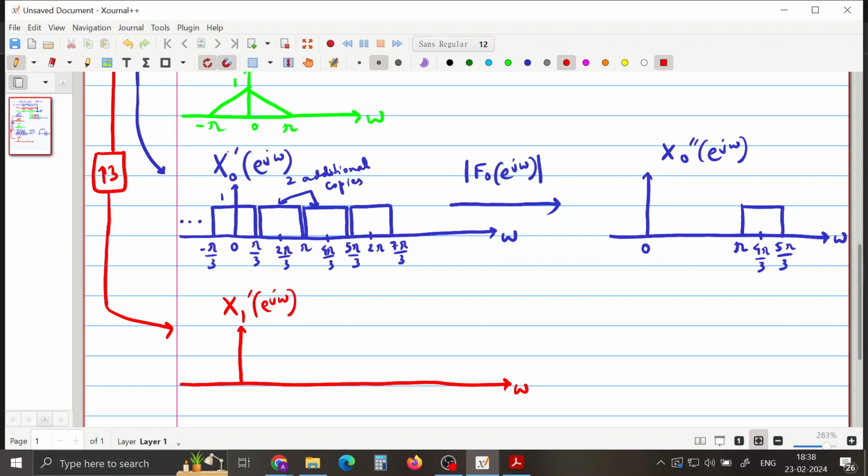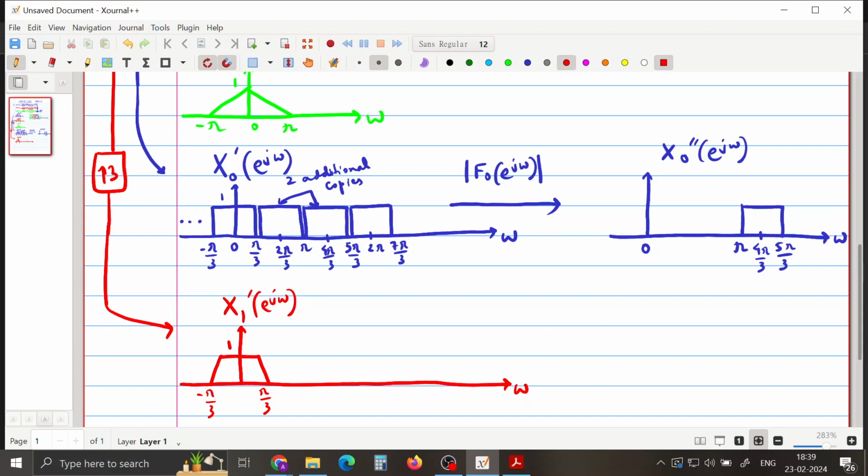This is the same thing which I have done for the topmost branch. Tell me now, this will be from minus pi by 3 to plus pi by 3, right? Basically it goes from pi to pi by L, it gets compressed. Height remains the same.